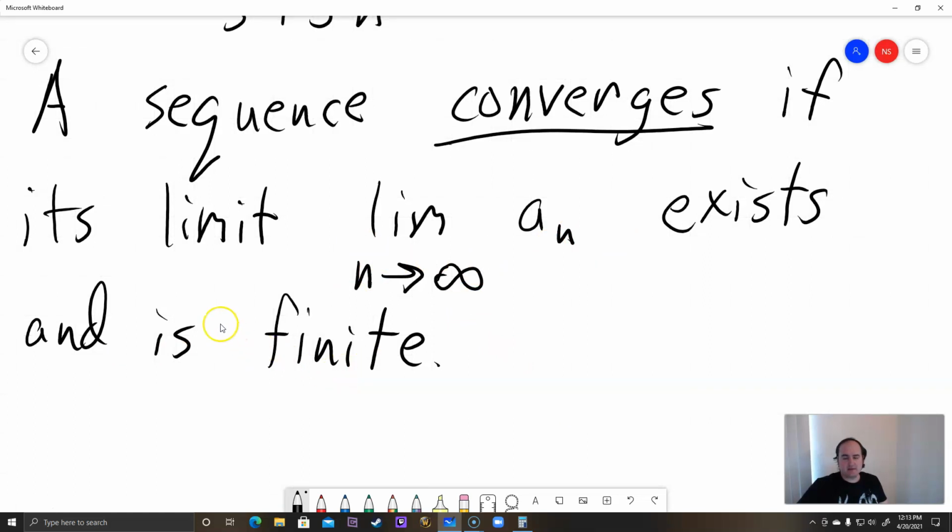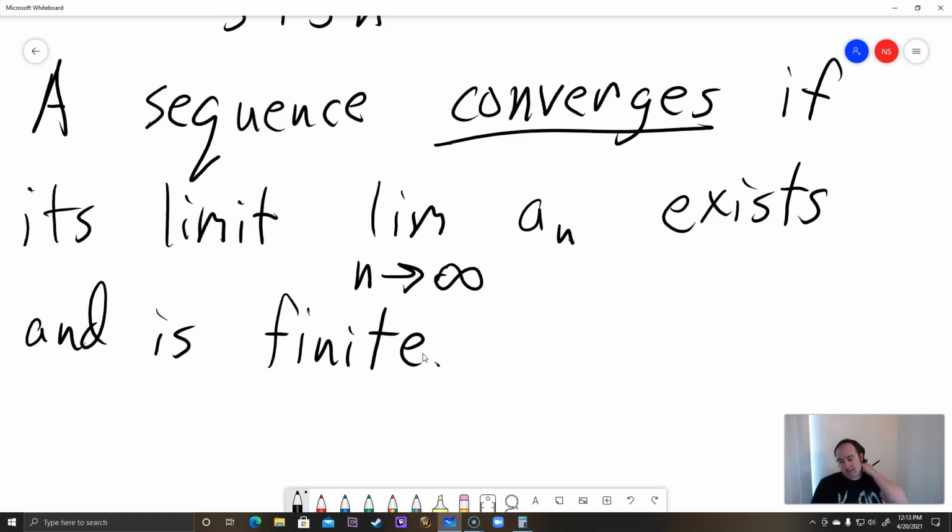Okay? So a sequence converges if its limit, the limit as n goes to infinity of a sub n, exists and is finite. So remember, finite means it actually has to be a number. So it has to be something like 3 or 0.7 or negative 12. It can't be infinity or negative infinity.